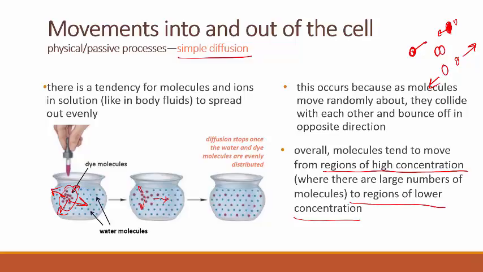So the dye moves from where it is most concentrated in that drop that falls into the water and spreads out evenly throughout the jar. Not because anybody's stirring it up, not because anybody is mixing it or doing something to move it around. It just does it because of the physical properties of these wiggling molecules that will collide into each other and bounce away, headed in opposite directions.